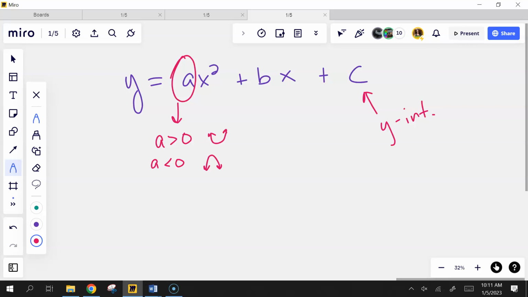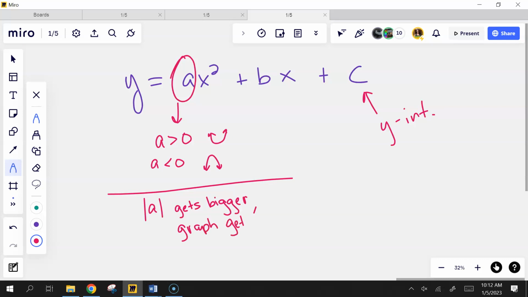The bigger A gets, this is where it gets a little confusing. But I'm talking about the absolute value of A here, because I'm not looking at positive or negative. That just tells me up or down. As A gets bigger, my graph gets skinnier.